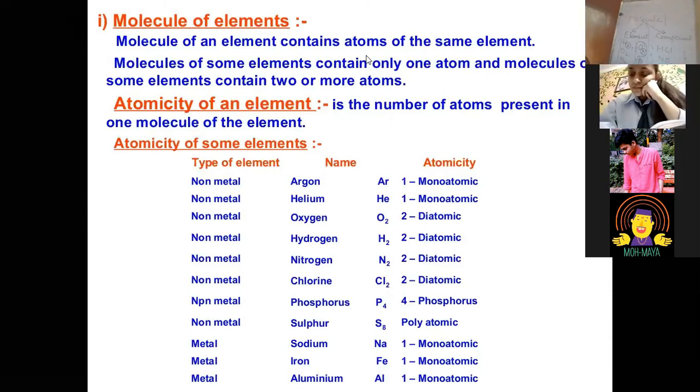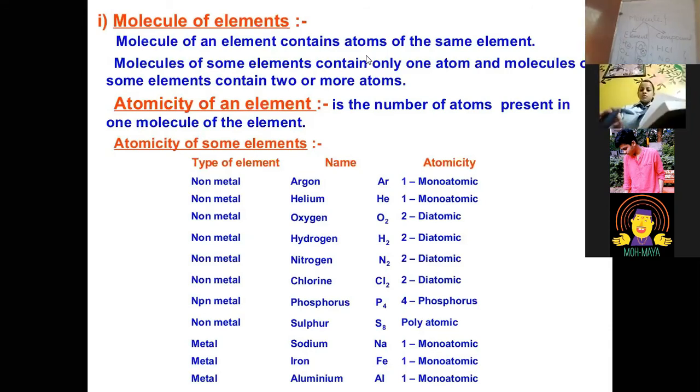As there is a chart on your screen, let us find out the atomicity of a monoatomic molecule. Naturally, there is one atom present in the molecule of argon and helium, so their atomicity is one. In the same manner, two atoms of oxygen combine to form the molecule of an element, so the atomicity of oxygen is 2.